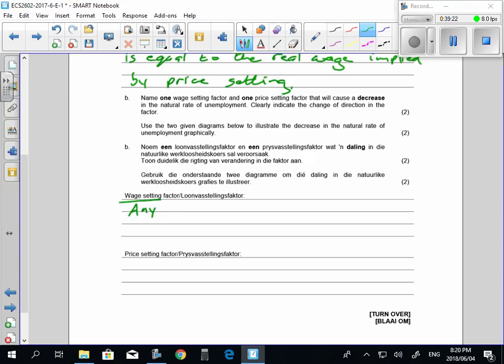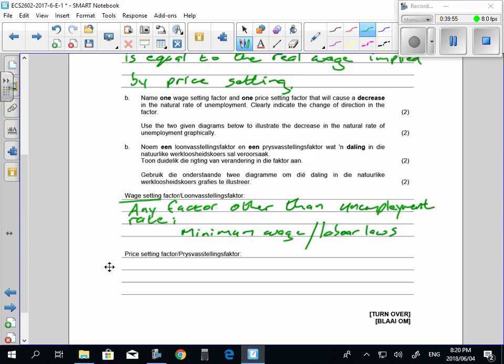it is any factor other than unemployment rates. So remember your catch-all variable, a minimum wage, labor laws, unions.